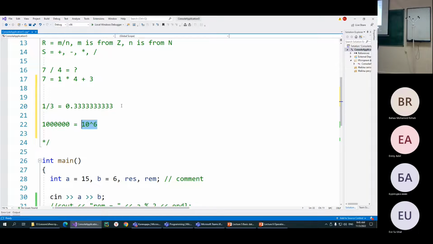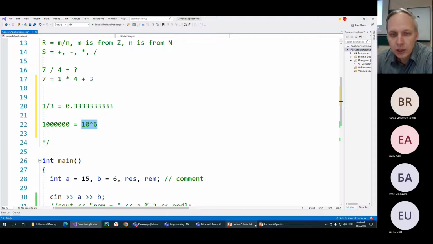This notation helps me to write a very large number in a short form.